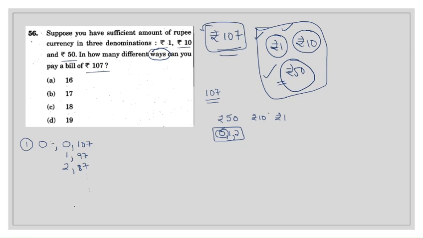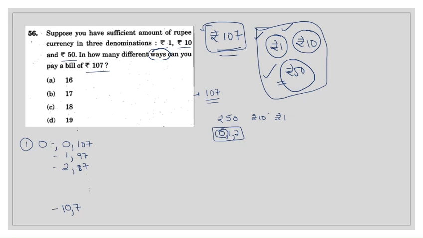So if we continue doing so, then we can see that the maximum options that we have is 10. The reason being we cannot use 11 10 rupee notes because the maximum currency is 107. So the last case here will be 10 rupee 10 notes with 7 rupee 1 coins.